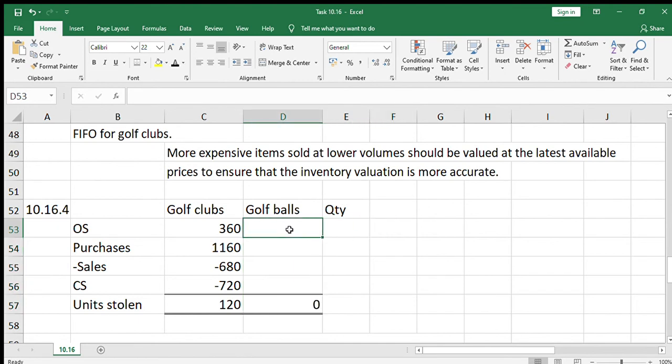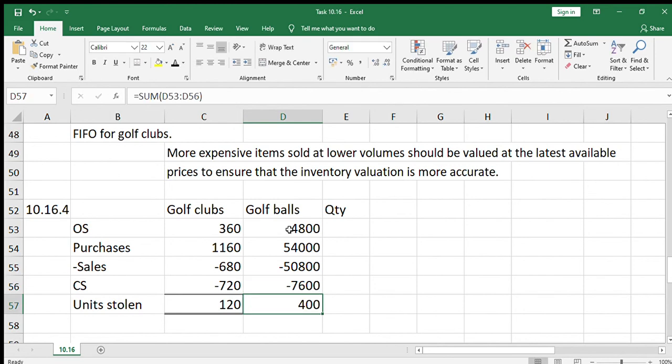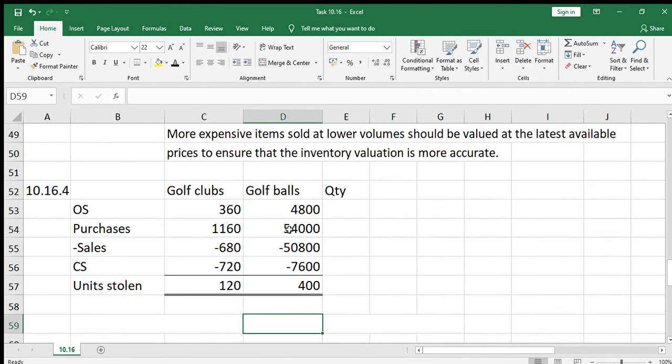Now we're going to do the same thing for the golf balls. Start with the opening stock, 4,800 units. Purchases, 54,000. Okay, sales, 50,800. I'm getting all these figures from the quantity column. And then we're going to subtract the closing stock of 7,600 units. 400 units were stolen.